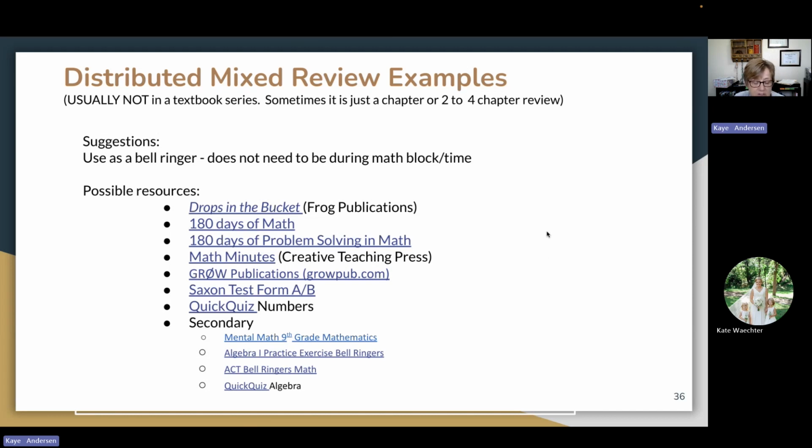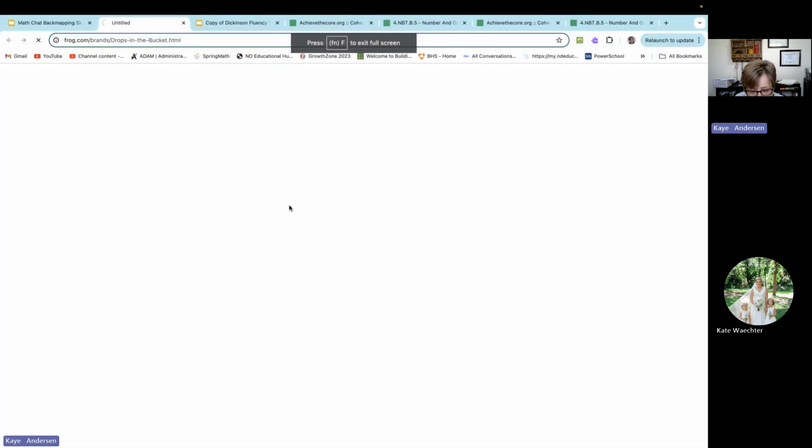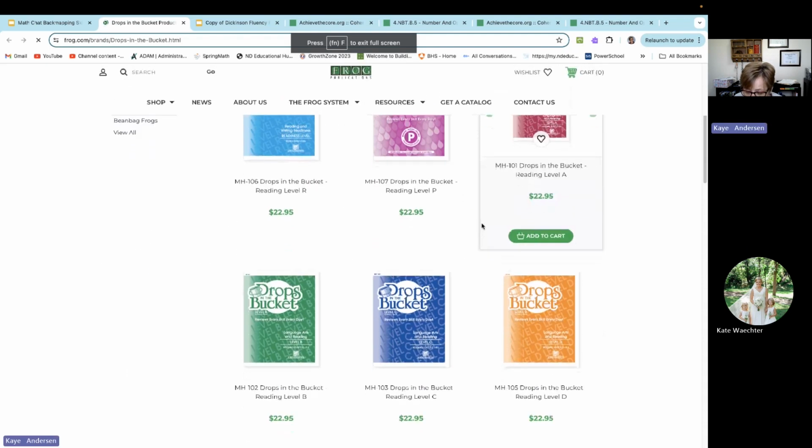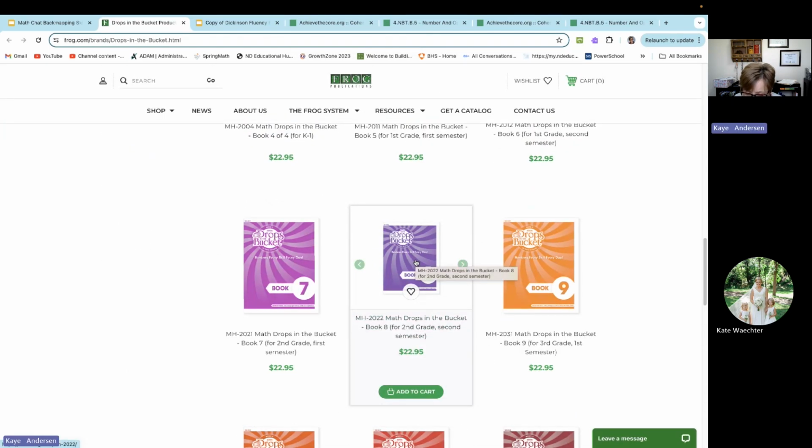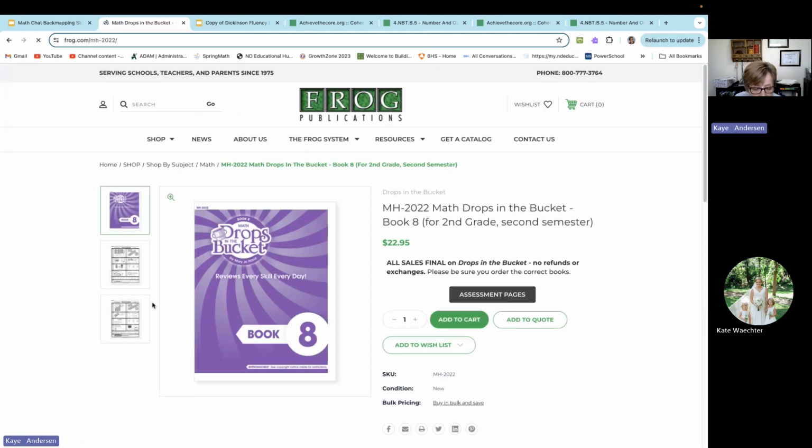Another easy way to do it is what's called a distributed mixed review. There are different versions. Most of these are for K through 8. There are some 9th and 10th grade ones down here in the secondary. Your goal is choosing activities that provide distributed review practice of all the different things that you might cover throughout the year.